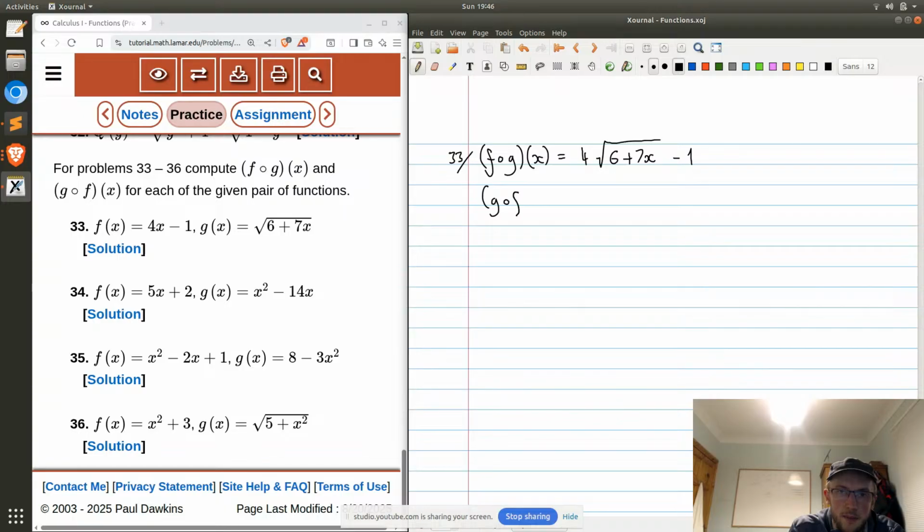As for here, pick up f and you feed it into g. Seven times that is 28x minus 7. So it's 28x minus 1.